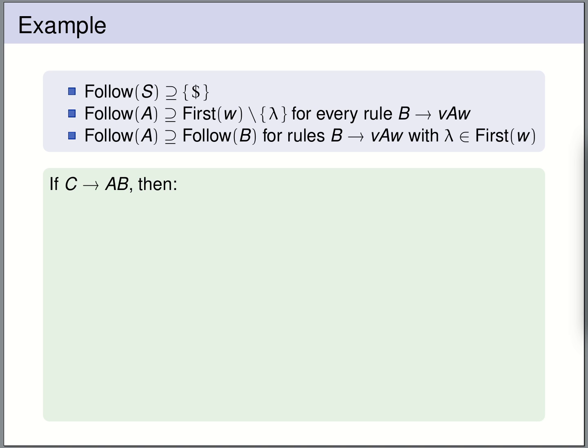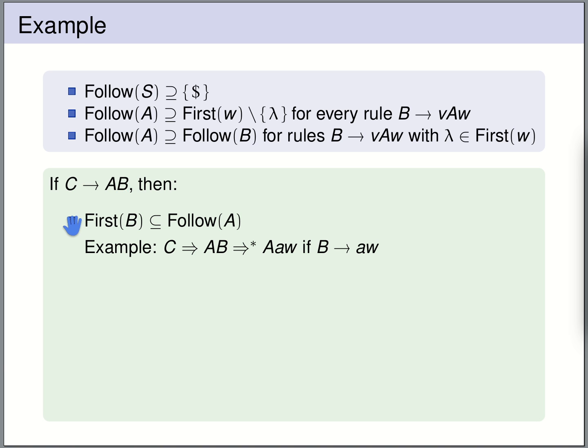Let's have a look at some examples to understand the use of the second and the third clause. In these examples, we assume that we have the rule C rewrites to AB. The first example illustrates the second clause. It says that anything in the first of B must be in follow of A. Anything except for lambda.